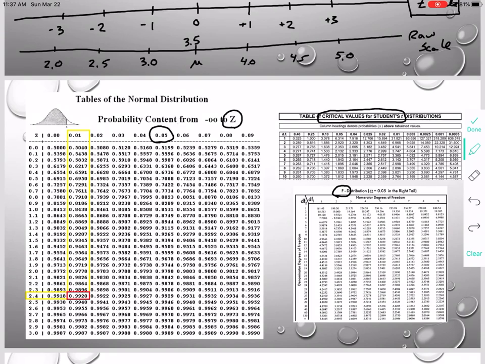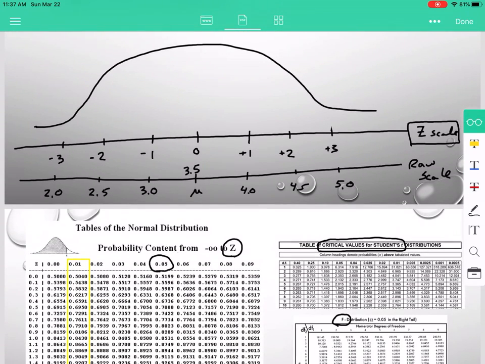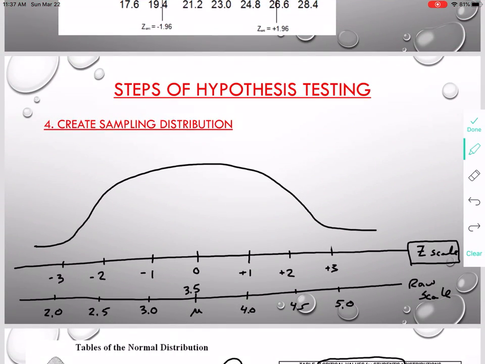So if I was doing an alpha of 0.05, I would come across to my actual z-score, and I would get my critical value. We're going to talk about this much more later. Just know that the next step would be to go to a table, and using the alpha level that you set, you're going to get a critical value. So we set our alpha to be 0.05, our acceptable error rate.